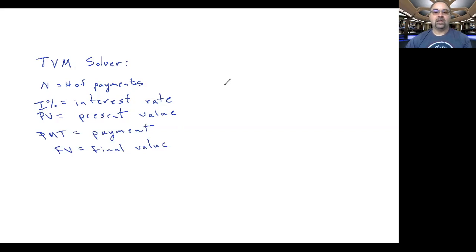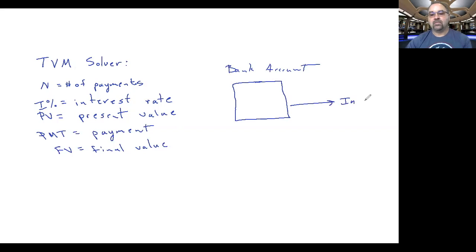I always like to think of it as, if this is my bank account, and I'm investing, then every time I take money out of my bank account and it goes over to my investment, that is a payment that I'm making.